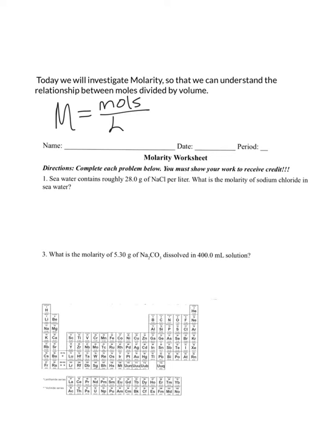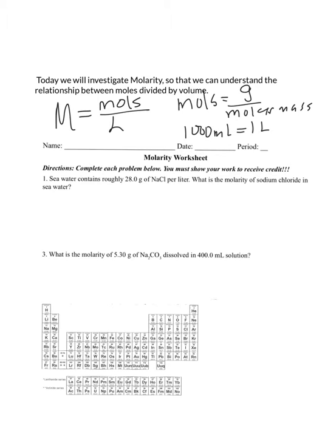Moles is equal to the number of grams divided by molar mass. The second conversion we need to consider is the number of milliliters to liters. Remember, there are 1,000 milliliters equal to 1 liter.